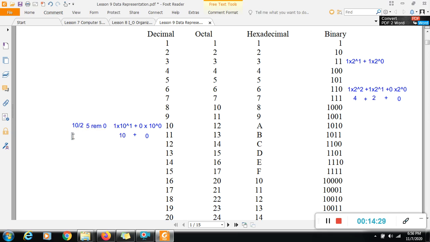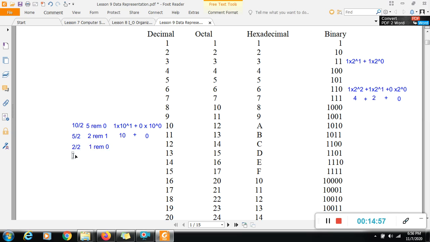Then next we take 5. We divide 5 by 2. 5 divided by 2 is 2, because 2 goes into 5 2 times, makes 4, remainder 1. Next, we take 2 and divide by 2. 2 goes into 2 once, remainder 0.